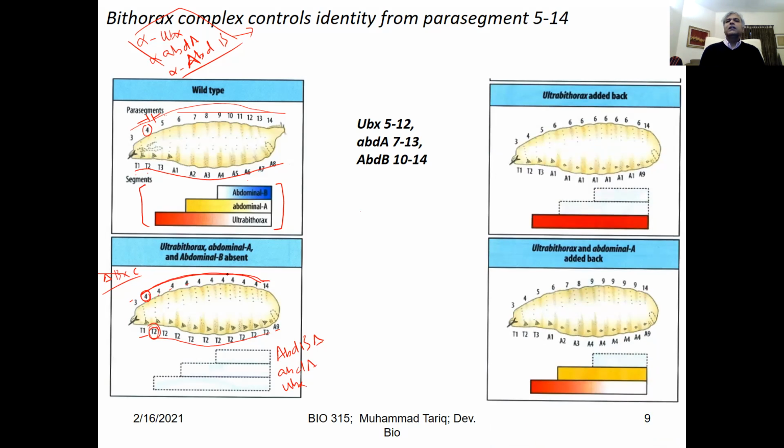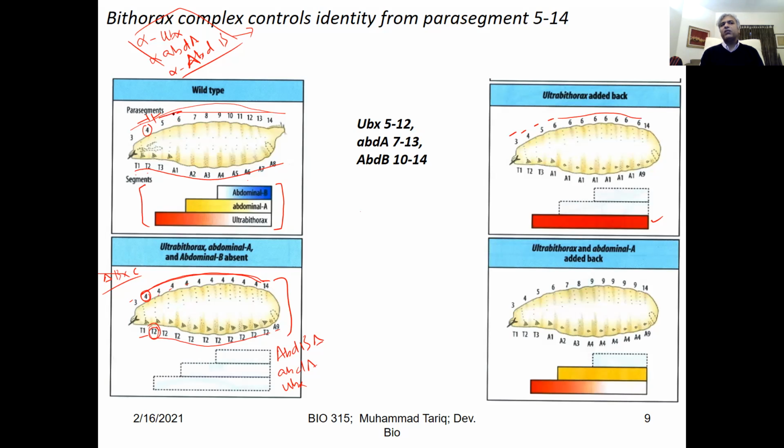Now let's put back UBX. Let's bring in this mutant UBX alone. What has happened? 5 and 6 came back, but now 7, 8, 9, 10, 11, 12, 13 are all transformed into 6, which means there is an antagonism.